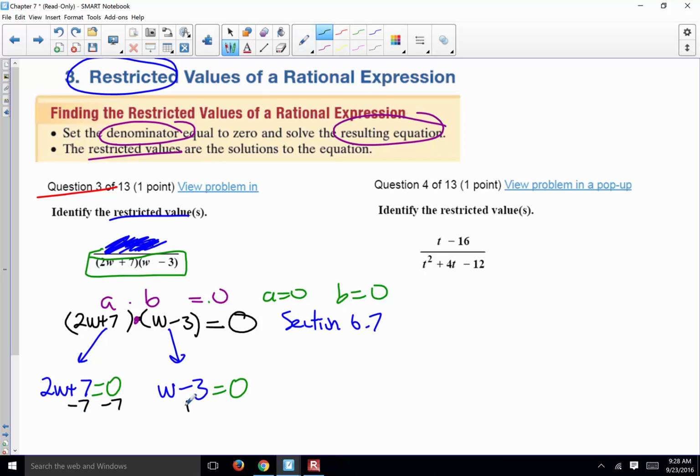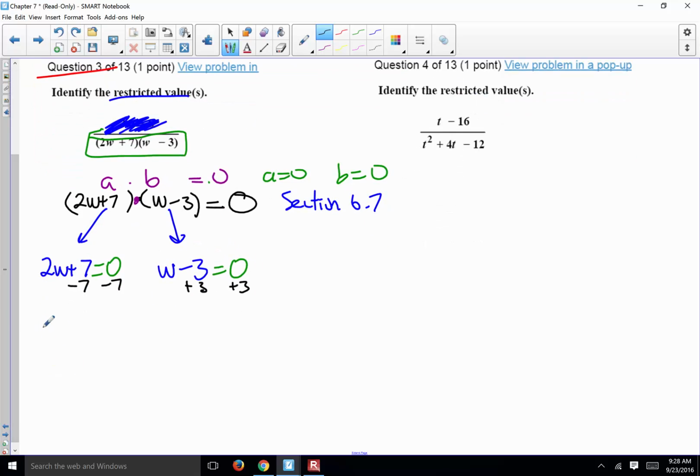Subtract 7 from this and add 3 to that, so we can get 2W and W alone. This is 2W equals negative 7. This is W equals 3. This is already a solution. Once W is completely isolated, you stop there. We don't stop on the left because it's not isolated yet.